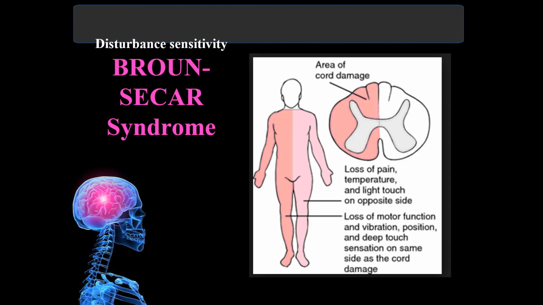Now about the disturbances of sensitivity. Loss of all types of sensitivity is called anesthesia, and loss of only pain sensitivity is called analgesia; decreasing of sensitivity is called hypoesthesia, increasing of sensitivity is called hyperesthesia, and perverted sensitivity is called paresthesia.